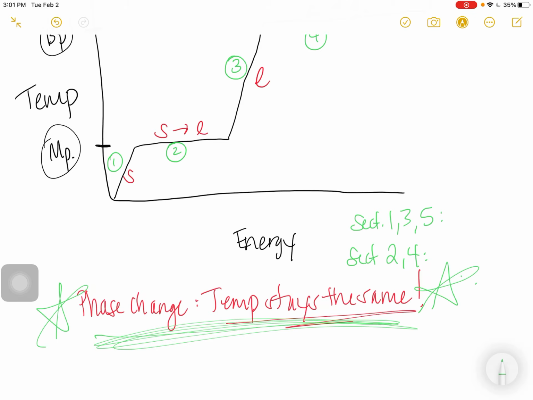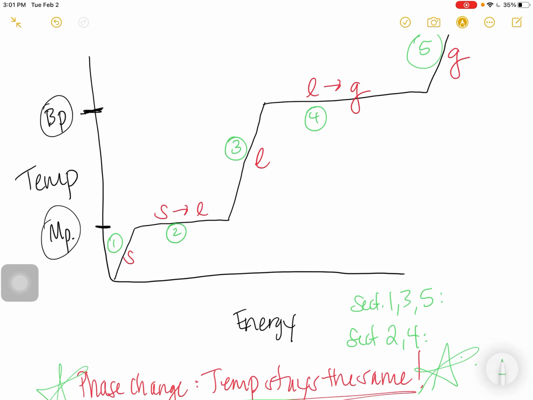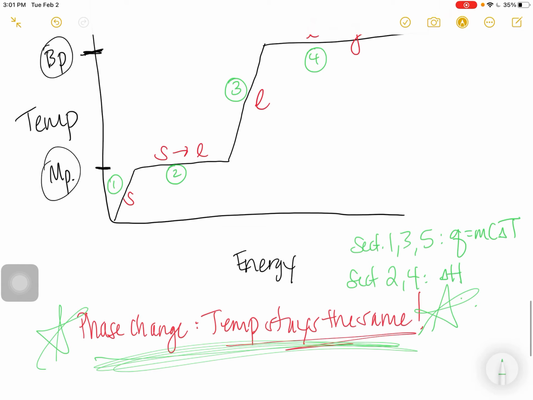So how do we calculate the energy associated with these sections? In sections 1, 3, and 5, where we're either raising or lowering the temperature of something, we can use MC delta T to solve for that amount of energy or heat. In sections 2 and 4, we have to use what I refer to as delta H and a little bit of dimensional analysis.